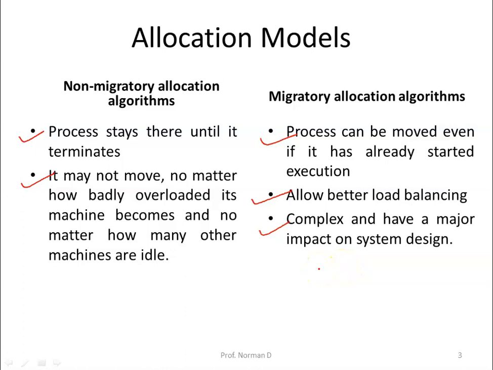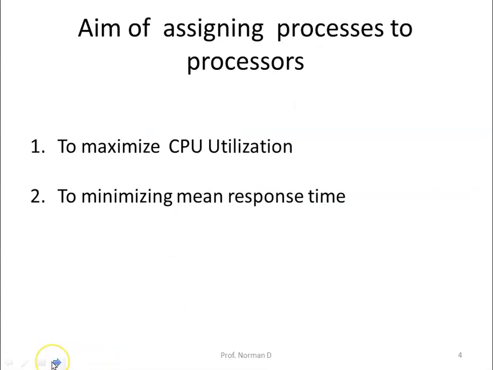Now, what is the aim of assigning processes to processors? The aim is that we are trying to maximize the CPU utilization. That is, maximize the number of CPU cycles actually executed on behalf of the user job per hour of real time.